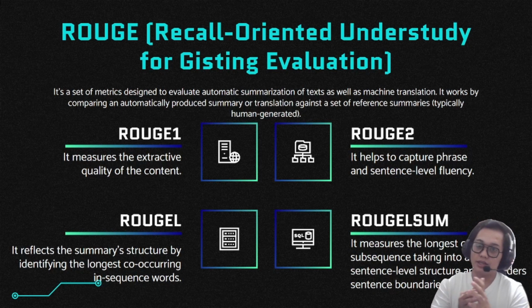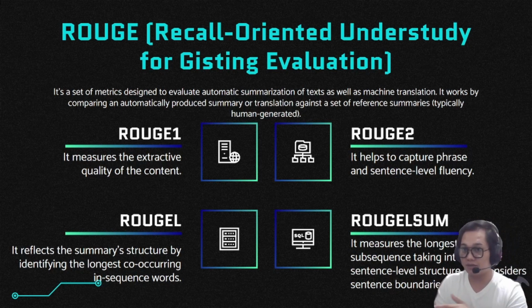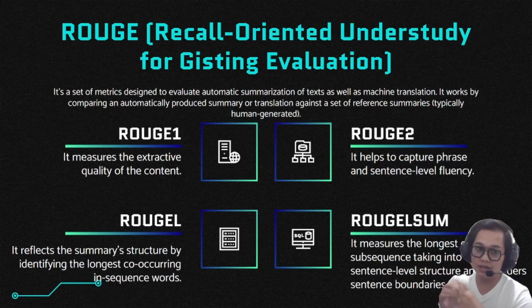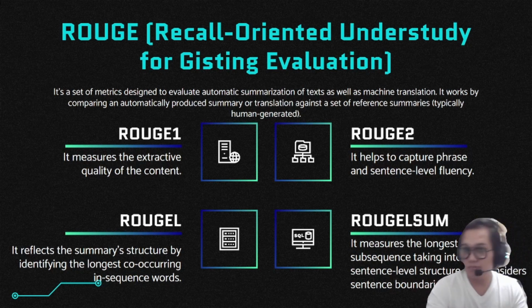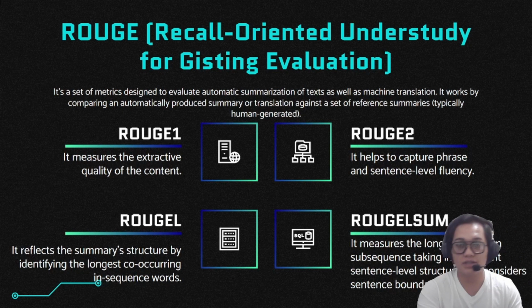ROUGE-2 helps to capture phrase and sentence level fluency. And ROUGE-L reflects the summary structure by identifying the longest co-occurring in-sentence word sequence. And ROUGE-Lsum measures the longest common subsequence, taking into account sentence level structures and considers sentence boundaries.